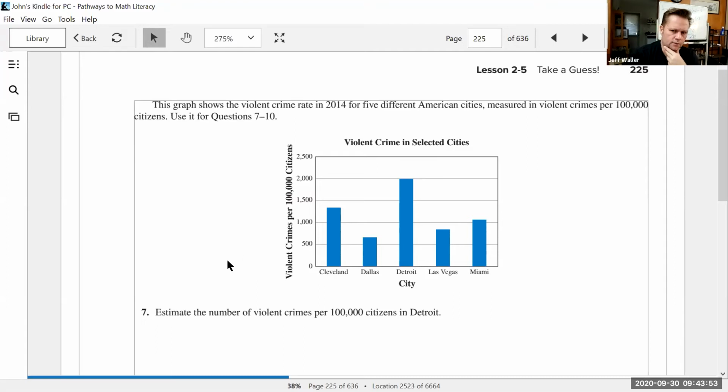Because do Las Vegas and Miami have the same number of people as Detroit does? Or Cleveland, for that matter? Probably not, right? But if I do it per 100,000 citizens, now I can compare them. Now it makes sense to compare them.